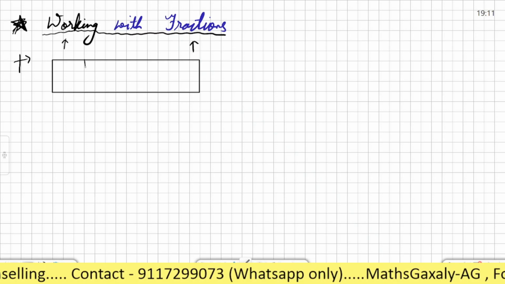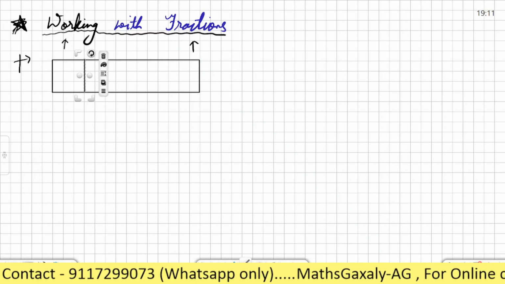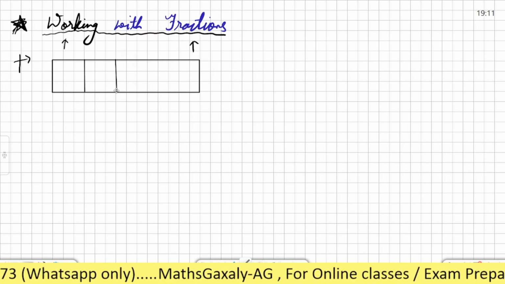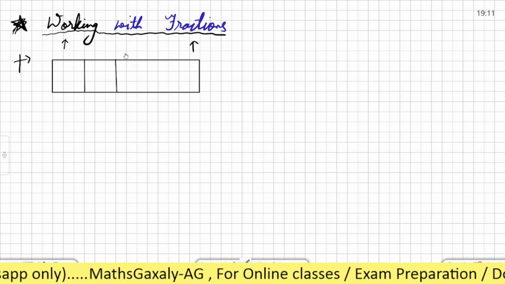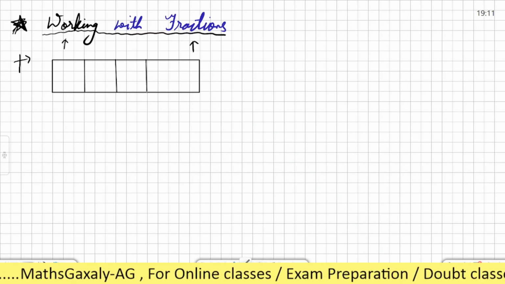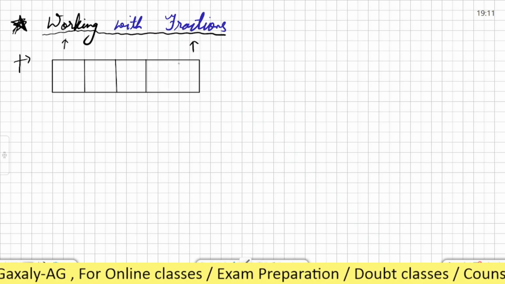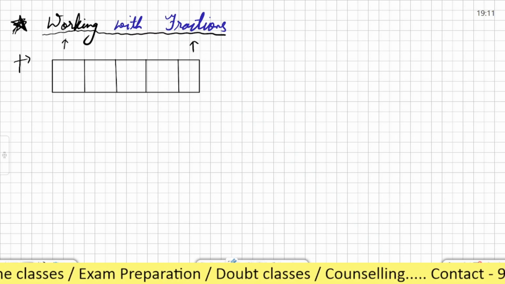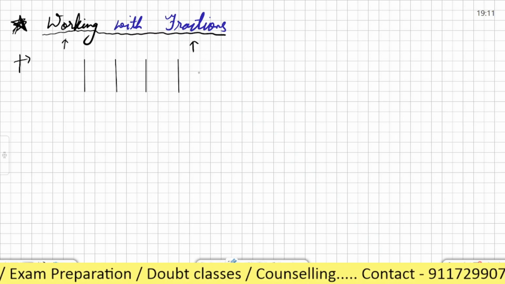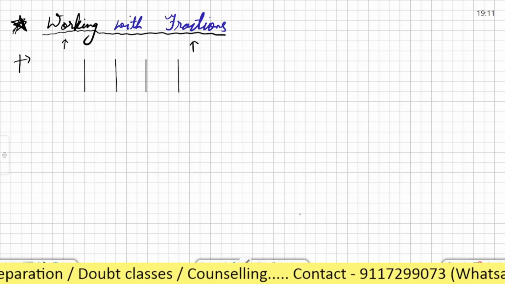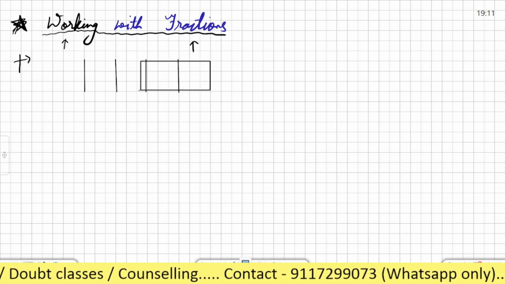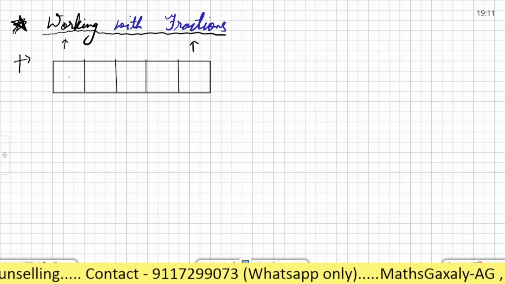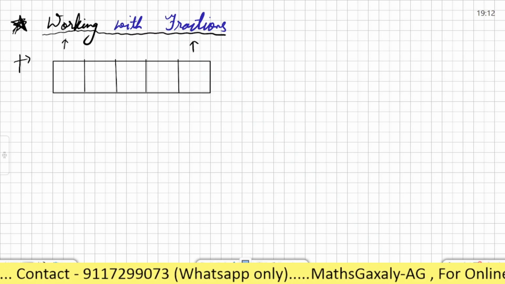Suppose we have a rectangular box, and we will divide it into some equal parts. Here it will be like this. As you can see, how many parts does this rectangle have?